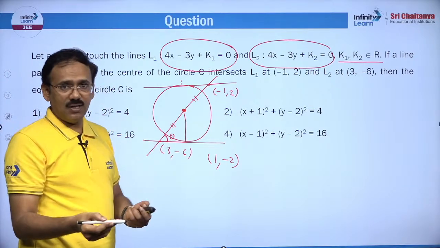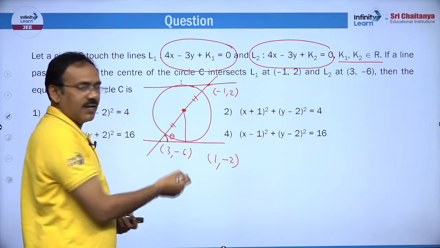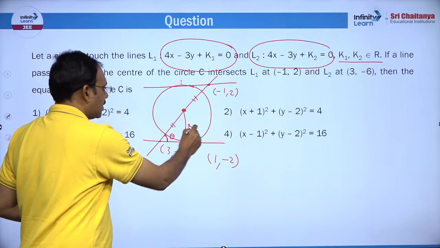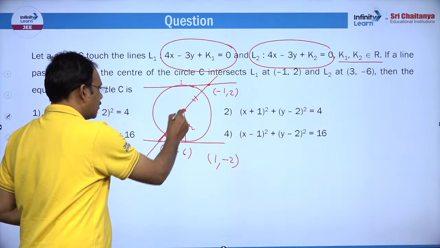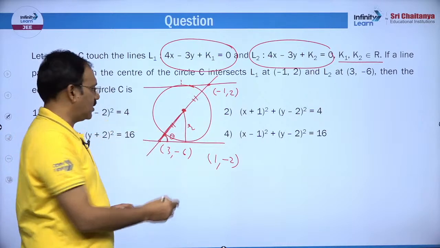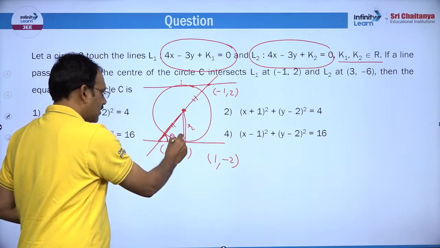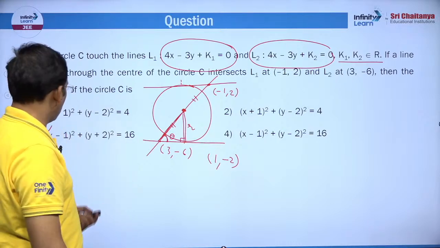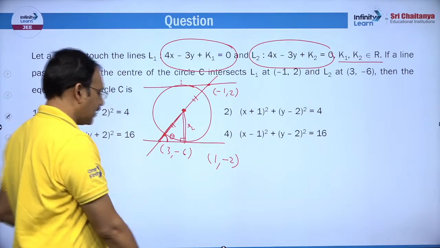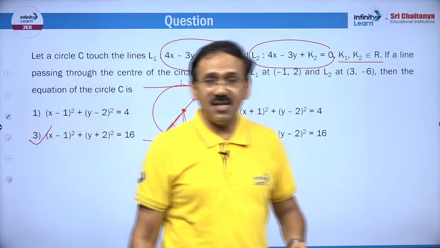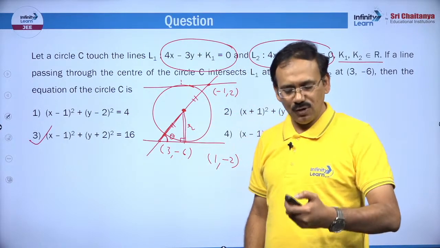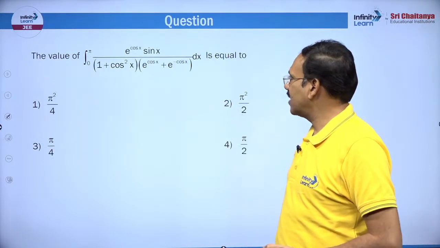Once you find theta, find sin theta, and the radius can be found from the distance, which is half of the total distance. But according to these options, you need not calculate; option C is the only option having the center (1, -2). So, problem closed. Let us go to the next problem.